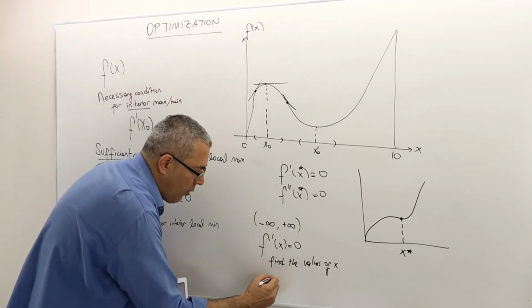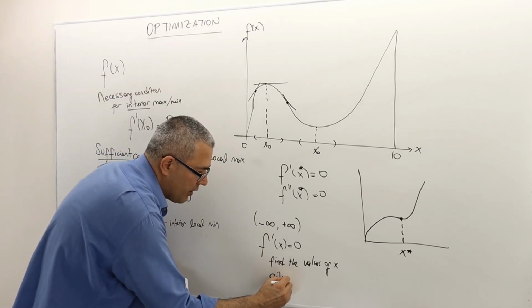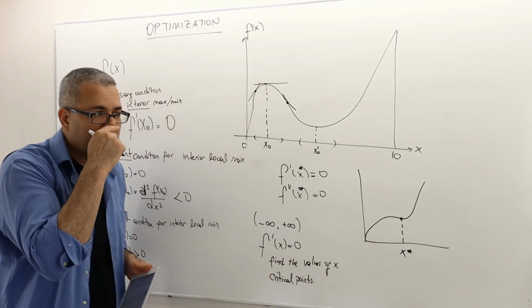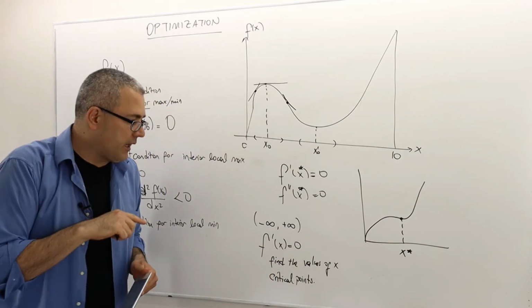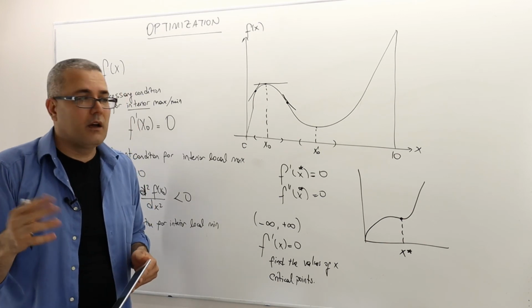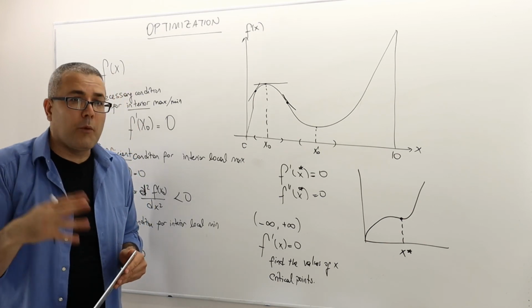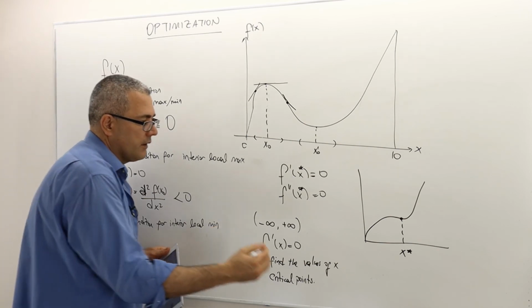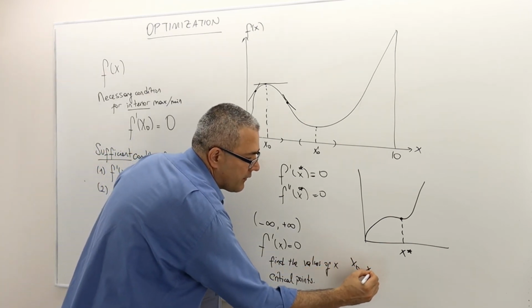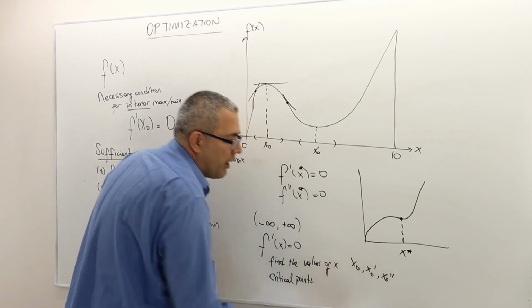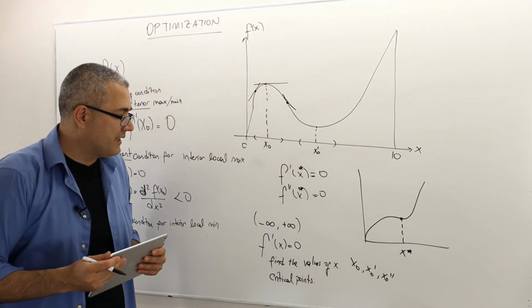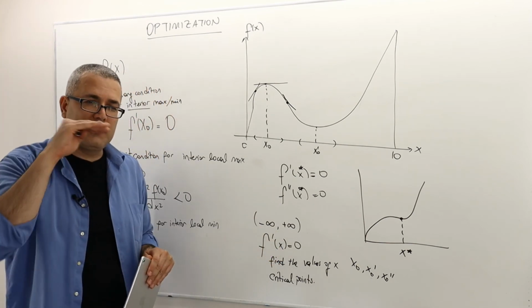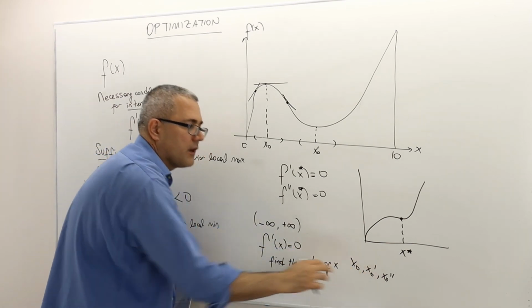Those x's are called critical points. There may be just one critical point, and if this is the case, then you've got the optimum point. But if there are more than one, let's say x naught prime and x naught double prime, all these points satisfy f prime of x equals 0, so the derivative at those points is 0.